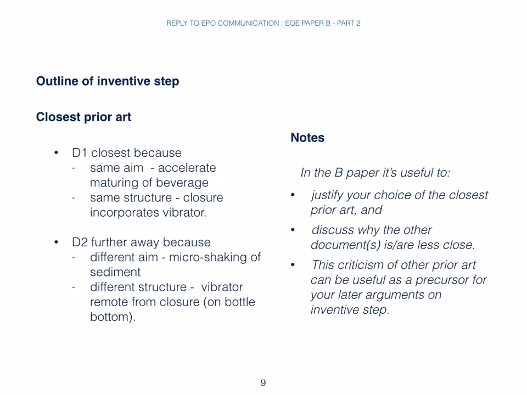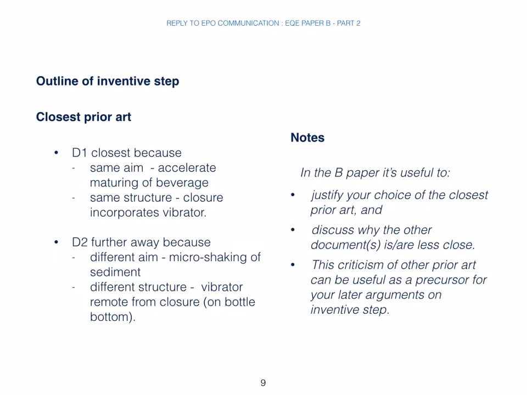So in the B paper, it's useful to justify your choice of the closest prior art and also discuss why other documents are less close. This criticism of prior art can be useful as a precursor for your later arguments on inventive step.